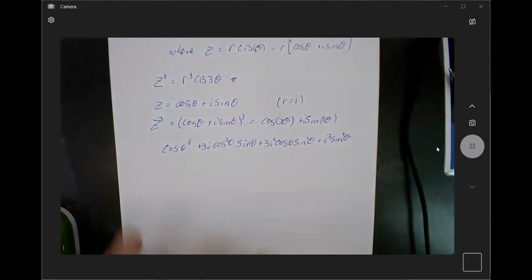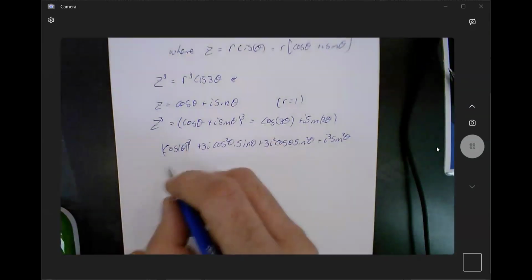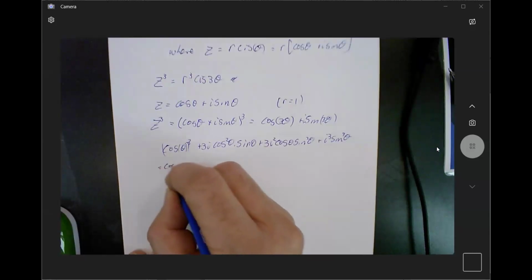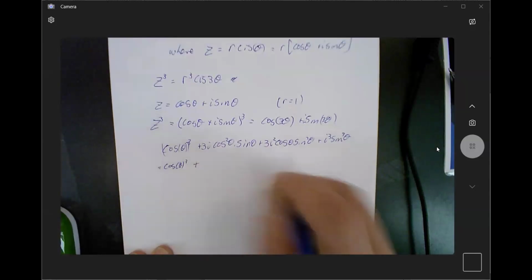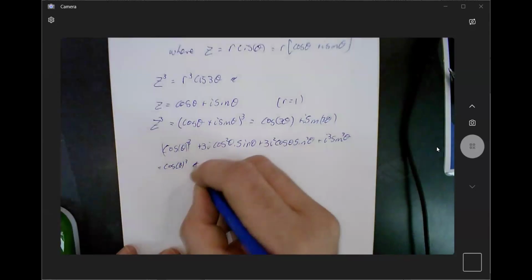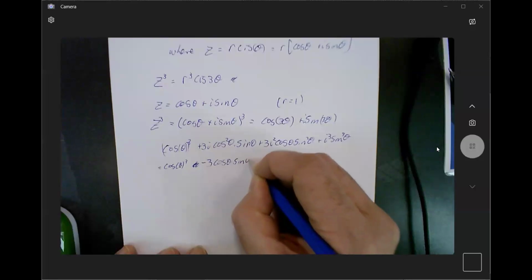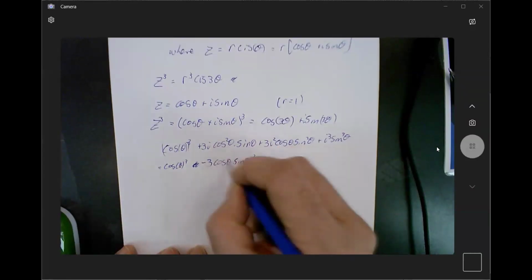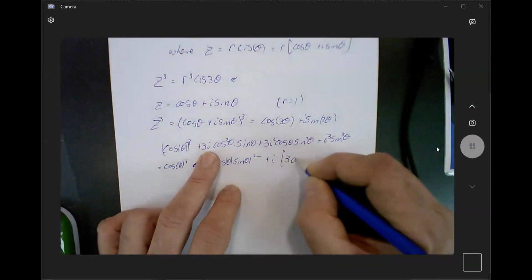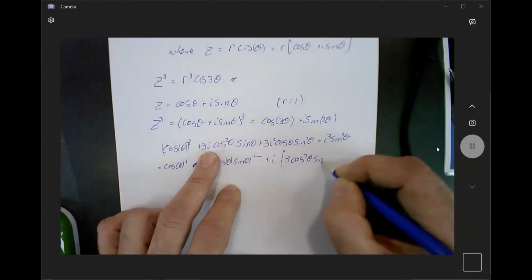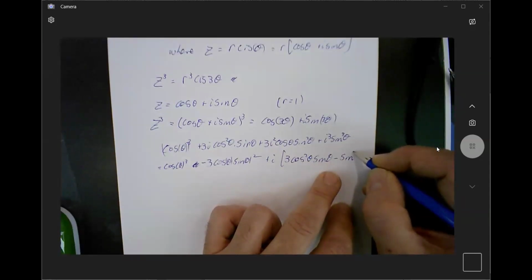Now, let's simplify this a little bit. Cos cubed theta. I'm going to pick out the real terms first. And so that's going to go minus 3 cos theta sine squared theta, plus i by 3 cos squared theta sine theta minus sine cubed theta.